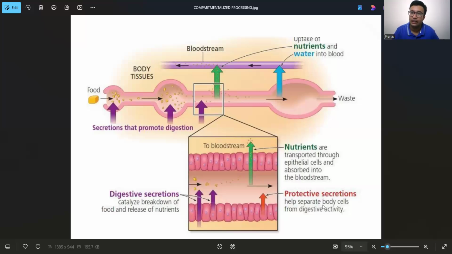So mucus is secreted as a protective secretion which increases alkalinity or balances acidity of the stomach. Okay. So this is also one thing. This is how animals do not digest their own tissues and only digest the food which is present in the alimentary canal. Okay.